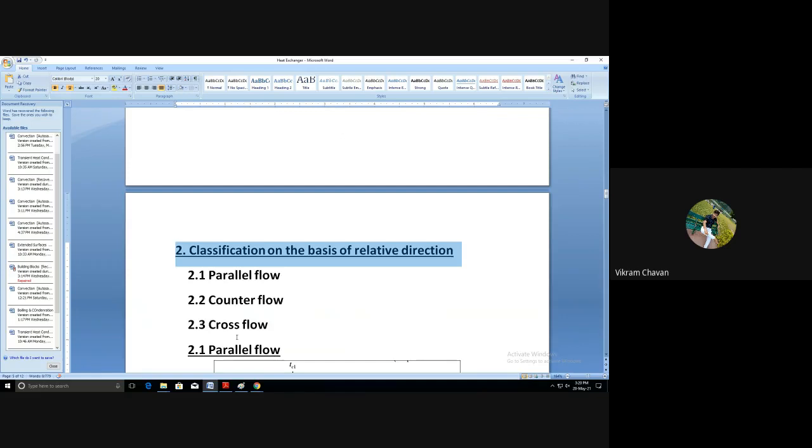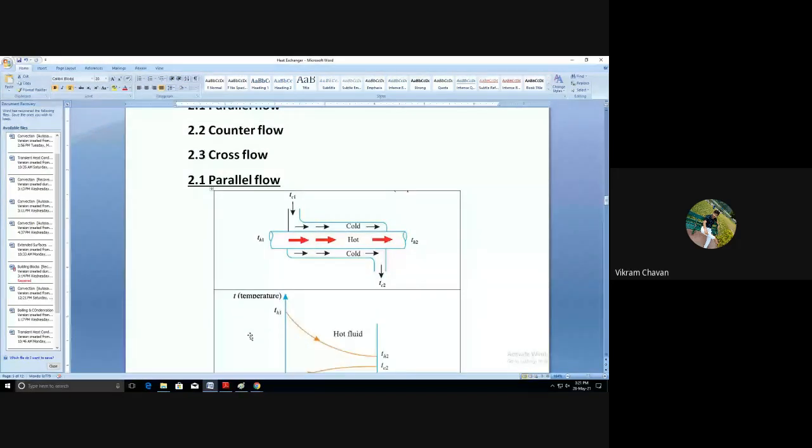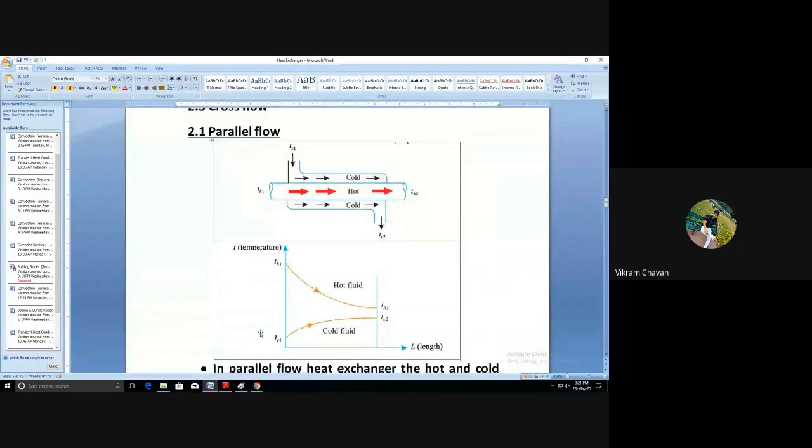So these three types of heat exchanger we can categorize on the basis of relative direction. We will see them one by one. What is meant by parallel flow? Let us understand this with the diagrams. The diagram will show what is meant by parallel flow, counter flow and cross flow.